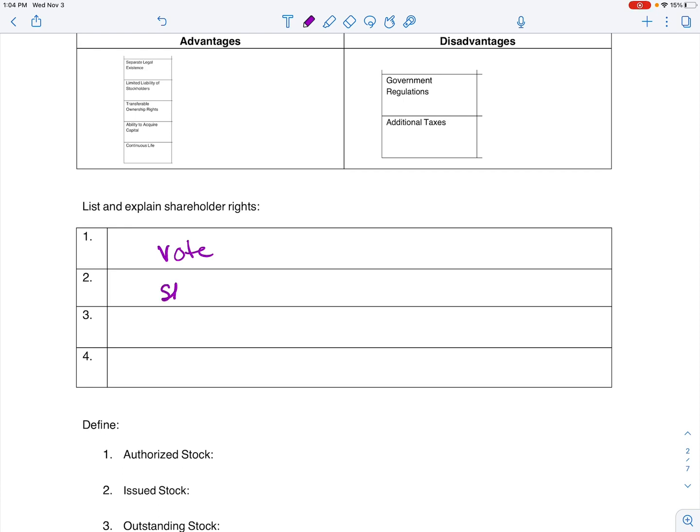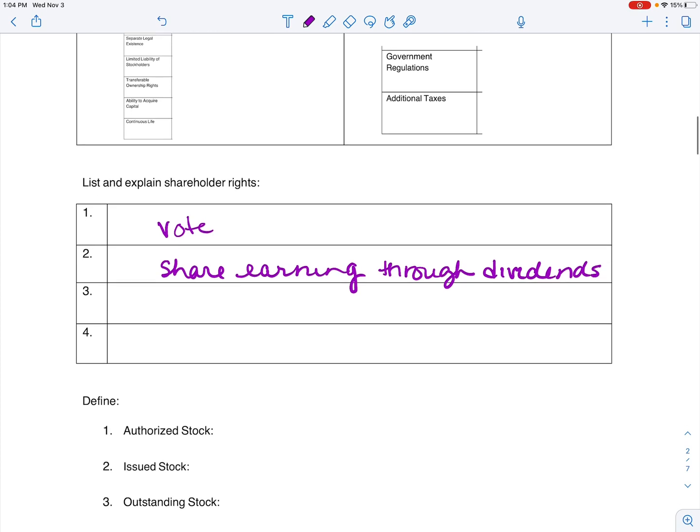Shareholders also get to share in the earnings of that corporation as owners. They share these earnings through what we call dividends. And we'll go through what dividends are and how to record those in a bit.